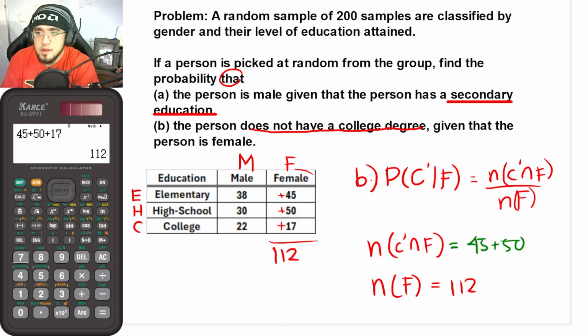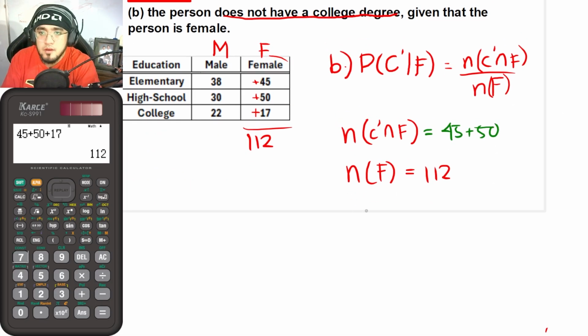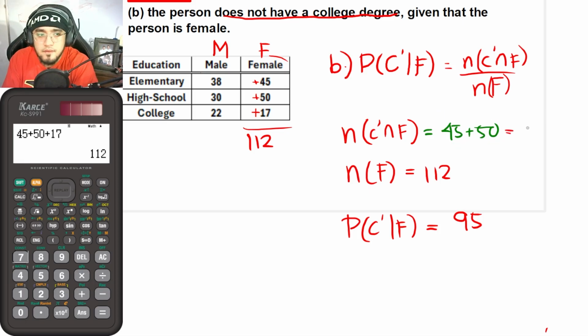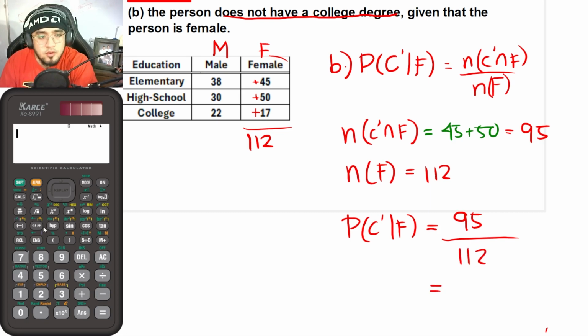Okay, so substituting known values, P of C prime given F is equal to 45 plus 50, that is 95, divided by our new sample space of 112, or our conditional space. So from that, that is now 95.